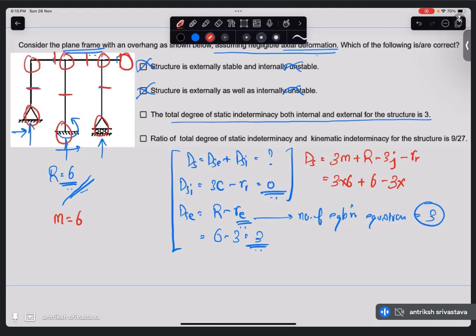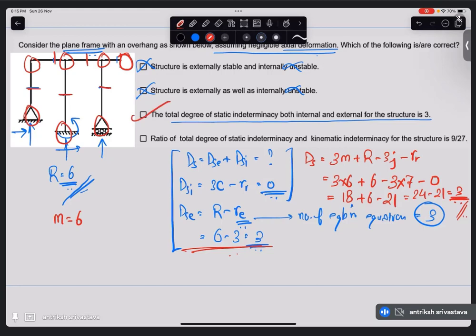The free end is also a joint. So 7, and minus released reactions is 0. So we have 18 plus 6 minus 21. That is 24 minus 21, equal to 3. So from this also we are getting the total static indeterminacy DS equal to 3. You can use either of these. Okay, so this is correct.